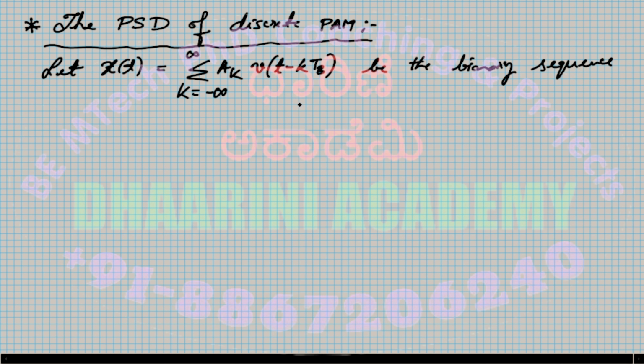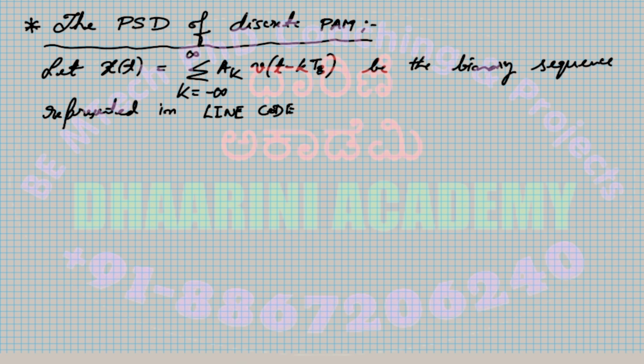That binary sequence is represented in the coded format. There is a specific name for that: this is called a line code, because you are converting the 1s and 0s into the pulse format. That's also called a line code in the references or textbooks.